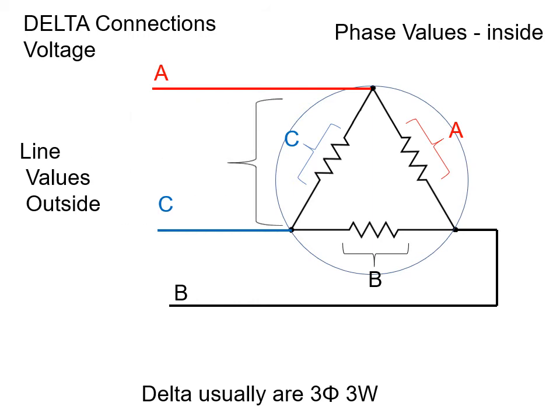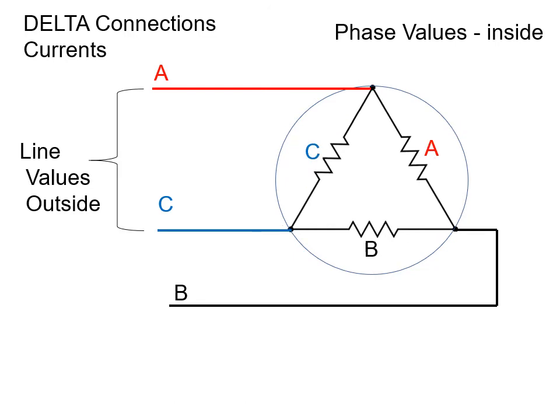When you look at the line values and bring it inside, you can see that line AC is directly across just phase C. So too, if I was to look at line A to B, you would see that line AB is just across phase A. Or if I was to look at line CB, that would be across just phase B. In a delta configuration, the line value and the phase value are the same, much as it is similarly or sort of like parallel. Now let's take a look at our currents in a delta configuration.